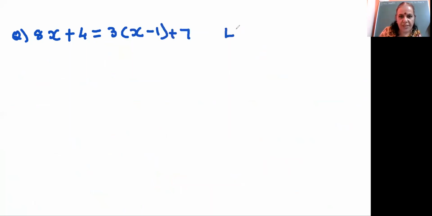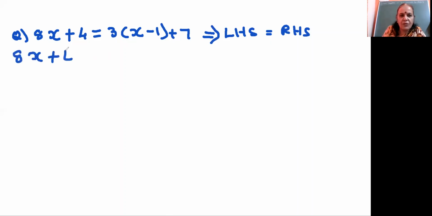Now first step is left hand side and right hand side. In left hand side there is 8x plus 4, and right hand side there is 3 into x minus 1 plus 7. Now remove the bracket. 8x plus 4 is equal to 3x minus 3 plus 7, and transpose.